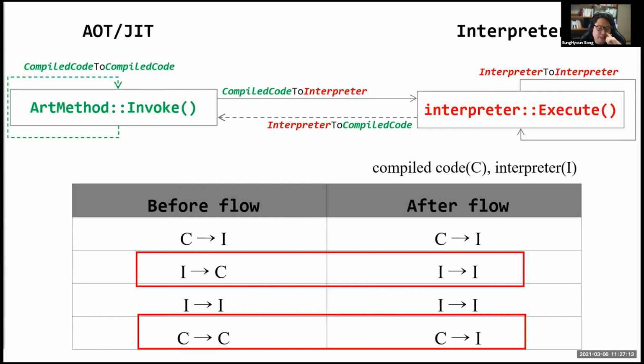So I changed the ArtMethod invoke function to stop executing compiled code and instead use the interpreter to execute bytecode. In this method, the ArtMethod invoke function to execute compiled code in the existing flow is not called.